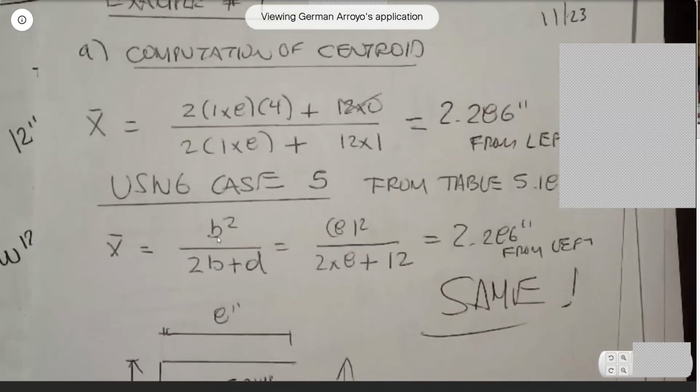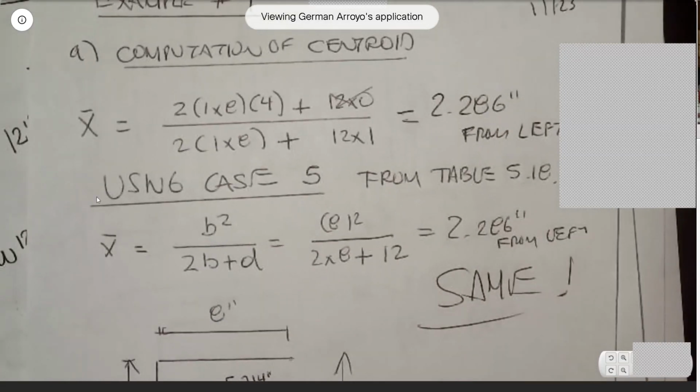Using case 5, b squared over 2b plus d, where b is 8 and d is 12, it comes to exactly the same value, 2.286 as before, and I put it here that it is the same. So in this case, we can use the table if we want, because if we do the computation by hand or by using the formula in the table, it gives us the same value, because this case is in the table.